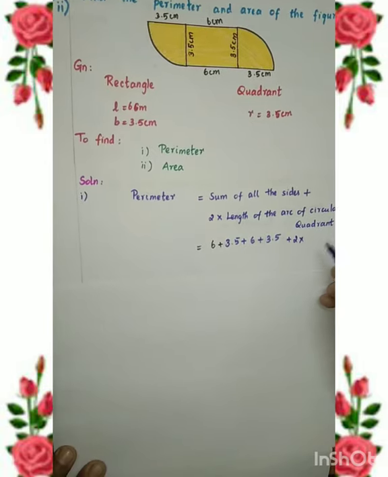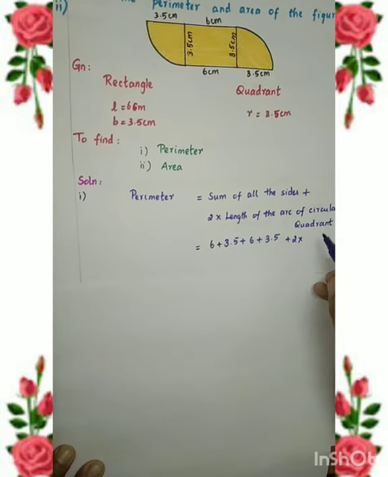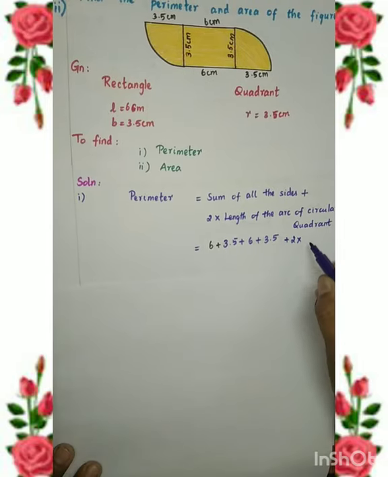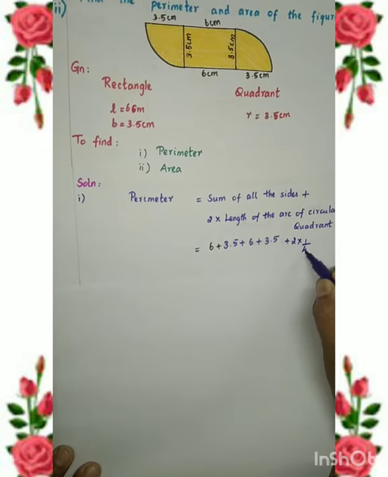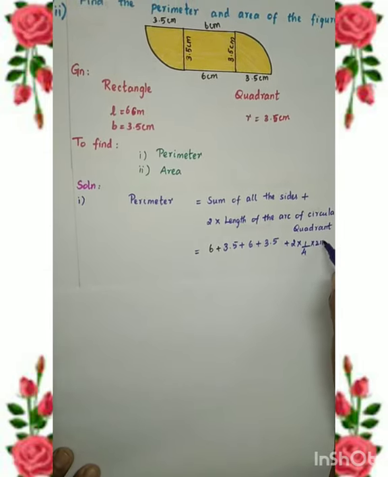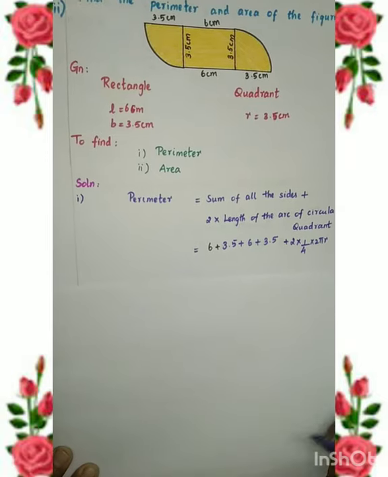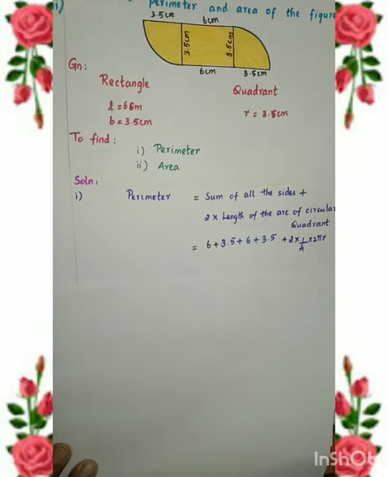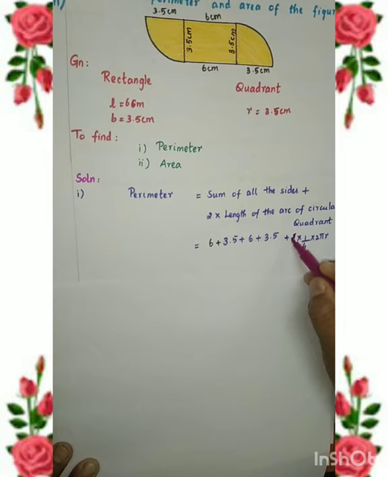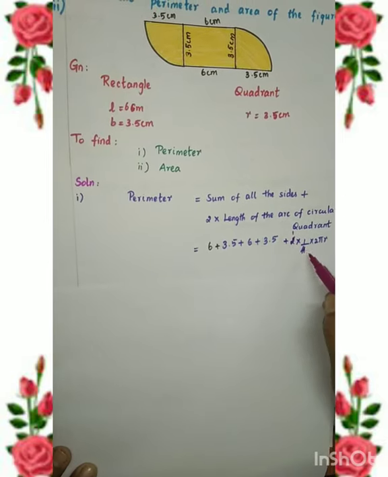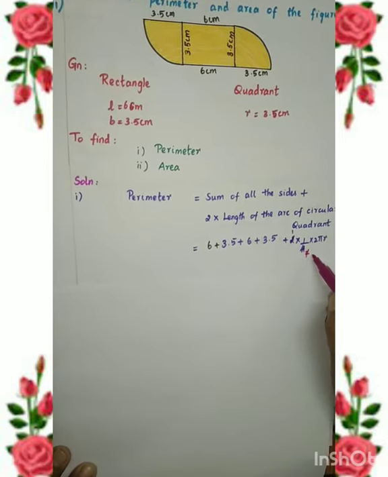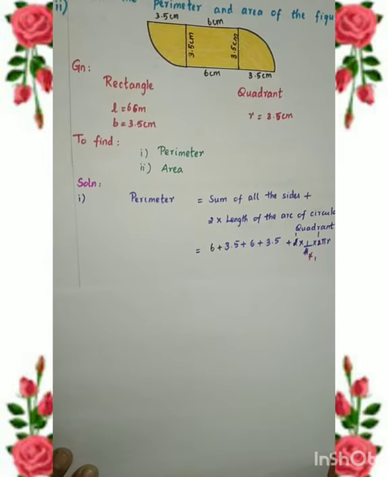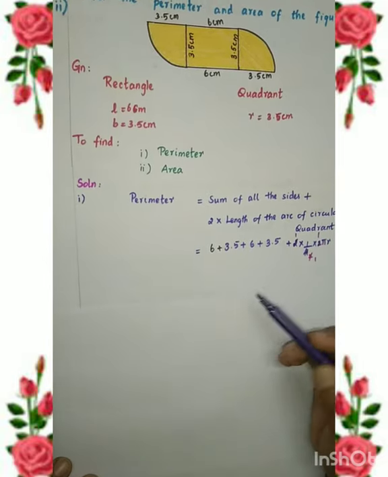The formula is 2 into 1 by 4 into 2 pi r. So we can cancel: 2 1s are 2, 2 2s are 4. Again 2 1s are 2, 1s are. Then we can substitute the remaining values.